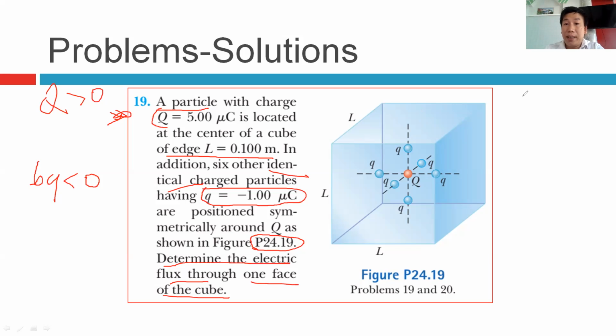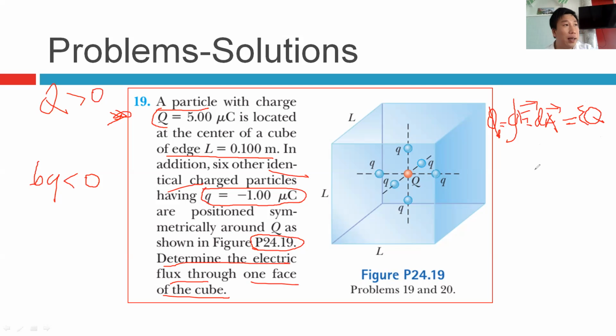But based on Gauss's law, the electric flux through a closed surface equals the total electric charge inside that closed surface. That's right.